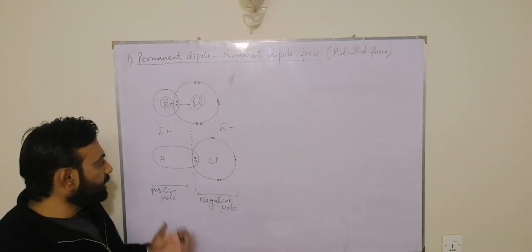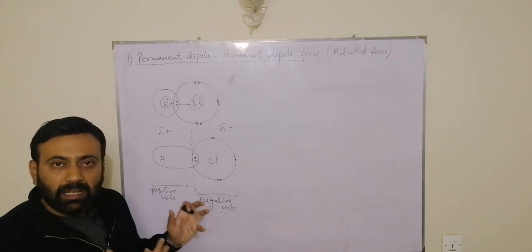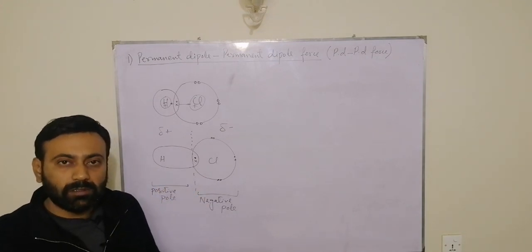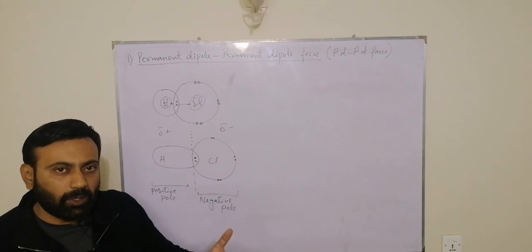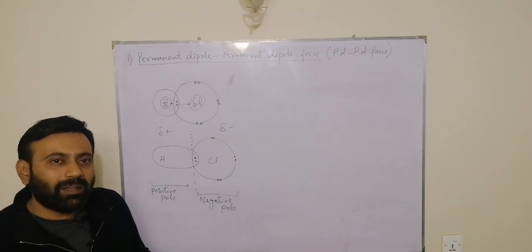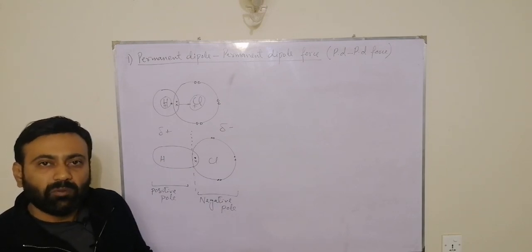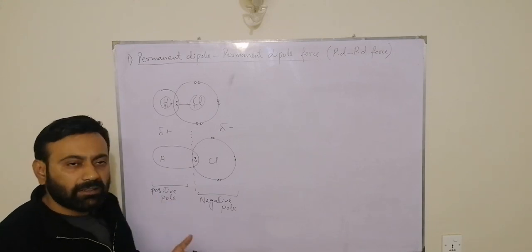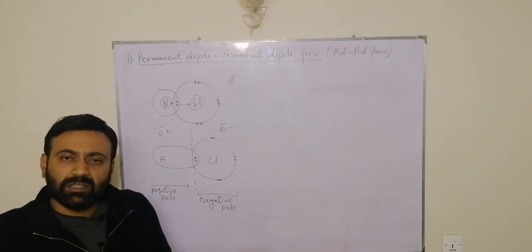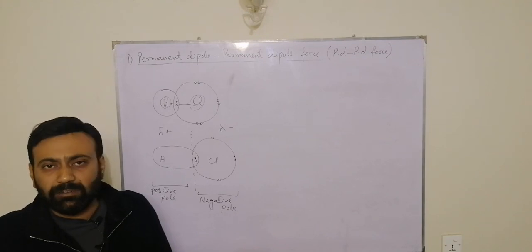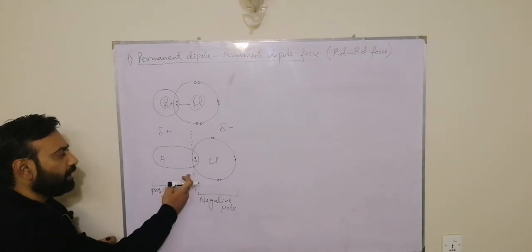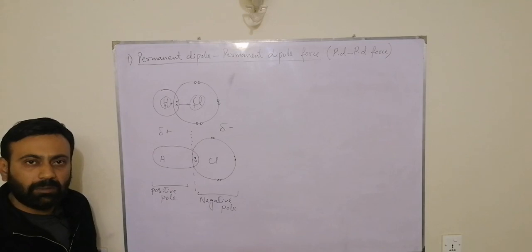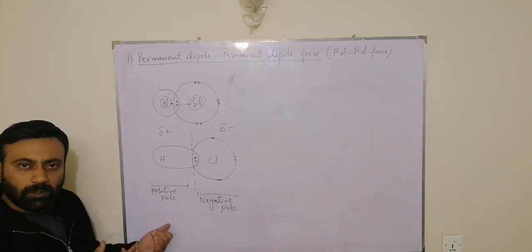Okay, so that means this molecule has two poles, a negative pole and a positive pole, and these poles are permanent in this molecule. Why is that? Because as long as these two atoms are bonded to each other, they will always have different electronegativities. So this electron pair will never come closer to the hydrogen atom. It will never move away from the chlorine atom.